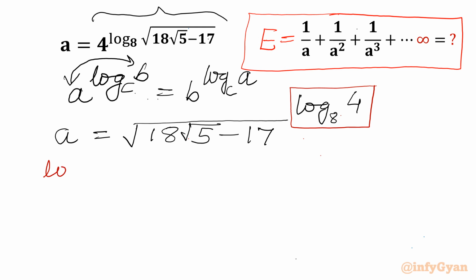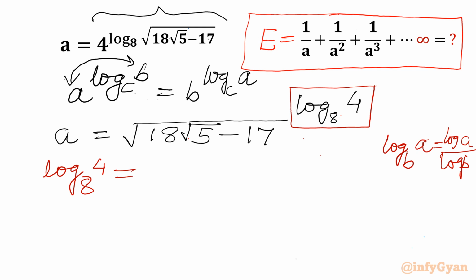Let me write here. Now I will use another log property, log a with base b, anytime we can write log a over log b. So I can write here log 4 over log 8.